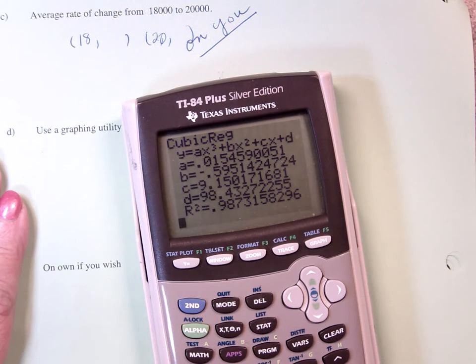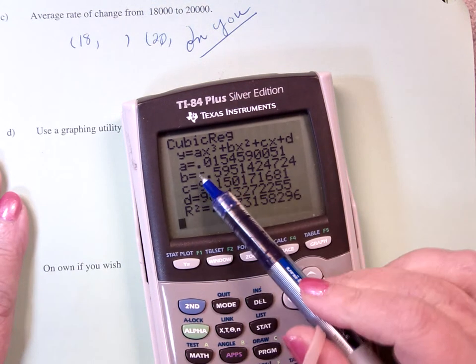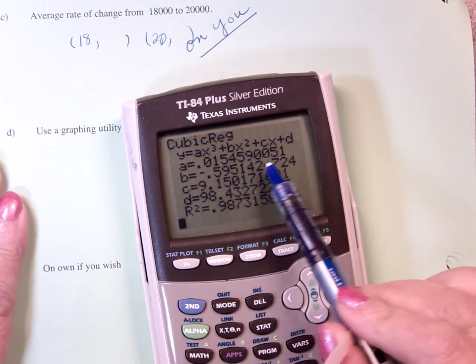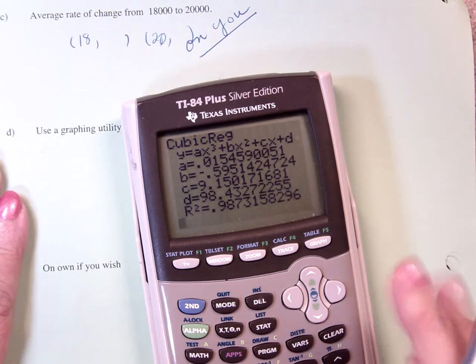And there it is. Take it out to 3 decimal places if I have to write it down. And notice it's ax cubed plus bx squared plus cx plus d.